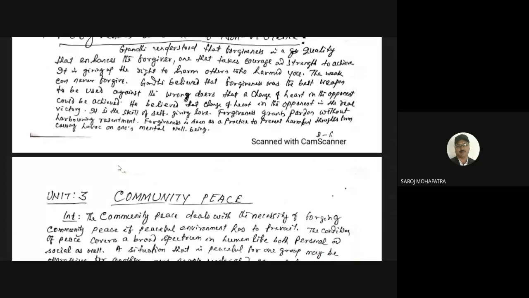It is the skill of self-giving love, forgiveness that grants pardon without harboring resentment. Forgiveness is a practice to prevent harmful thoughts from causing havoc on one's mental well-being.